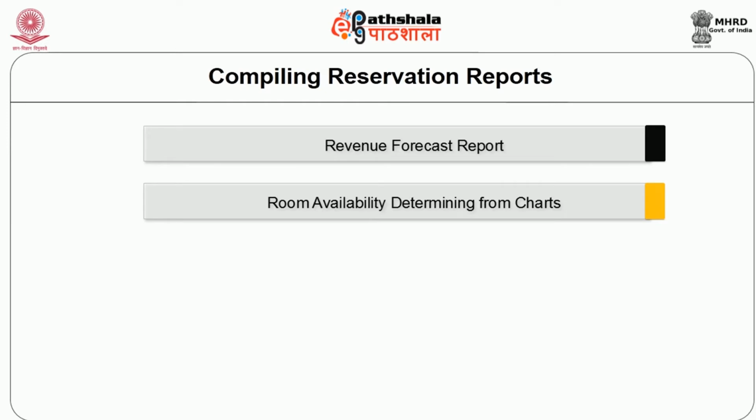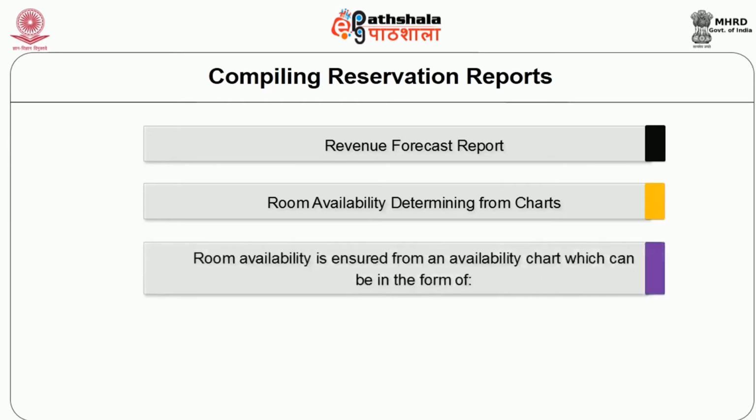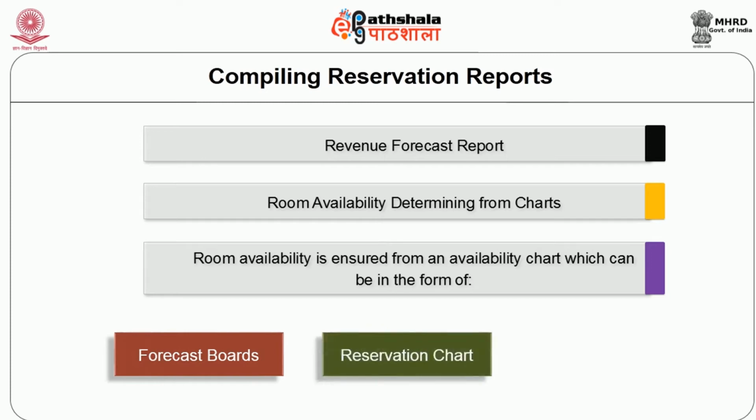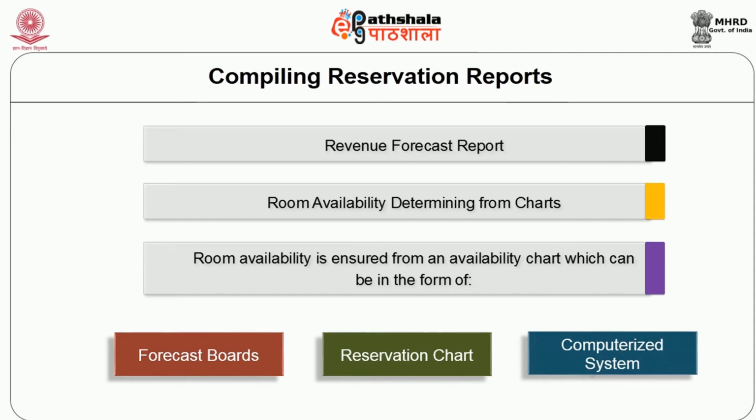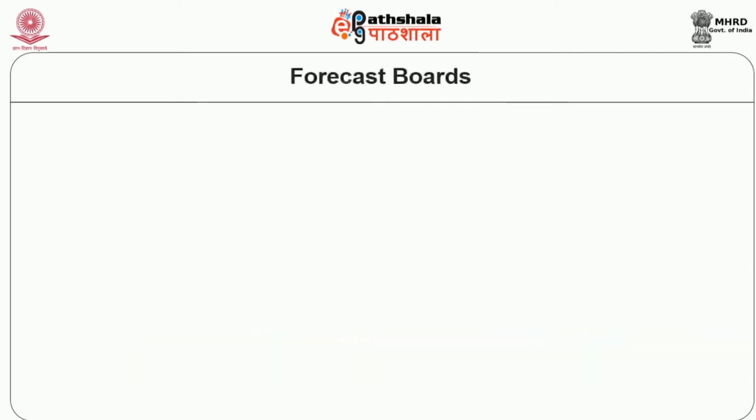Room availability is determined from charts. Room availability is ensured from an availability chart, which can be in the form of forecast boards, a reservation chart, or a computerized system.